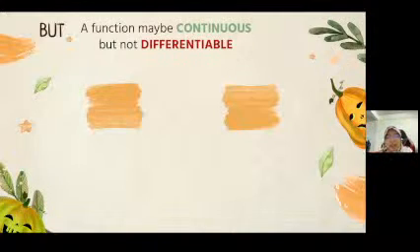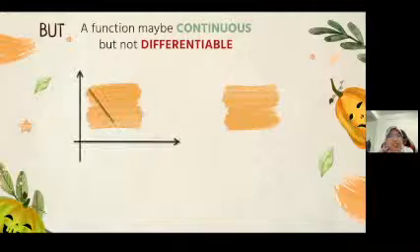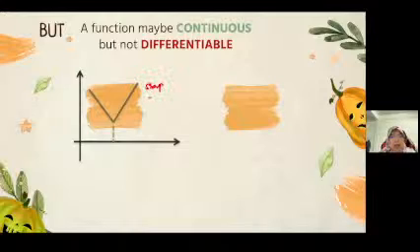Okay, so for example, this is something called a sharp corner. So let's say that is the value of a. If you calculate the f prime on the left hand side and the f prime on the right hand side, you are going to end up with two different values. So the limit does not exist at this point. So this is for a sharp corner.